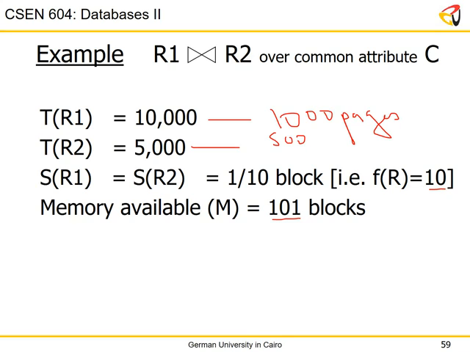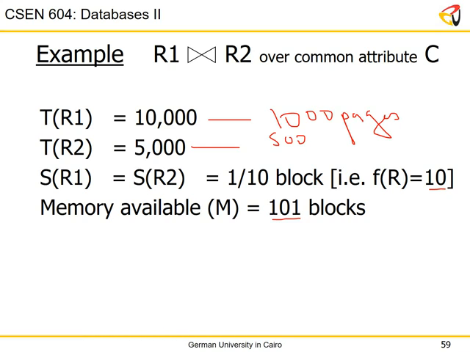In other words, I can store 10 rows or tuples in a page or block. So I have 10,000 rows in R1, and I will store 10 rows in a page. That's what the F means.